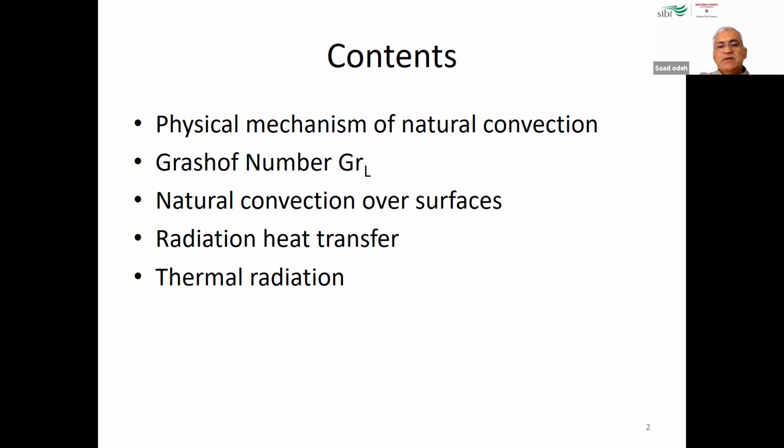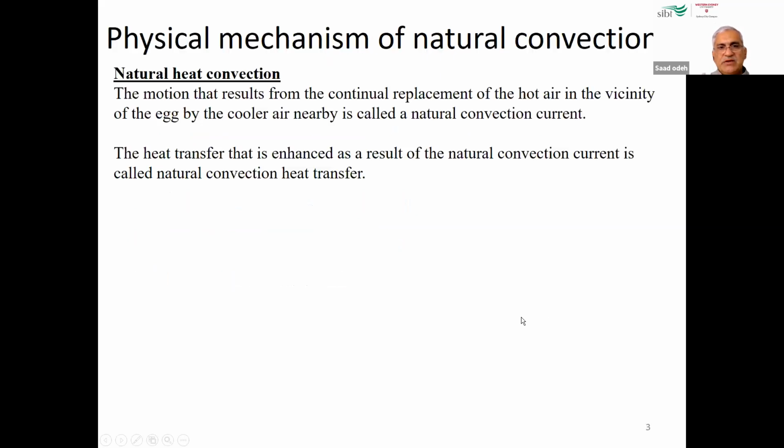Also, we'll go quickly through radiation heat transfer. We talked about radiation before, but we'll just repeat it for your knowledge. So that's the content. First, the physical mechanism of natural convection.